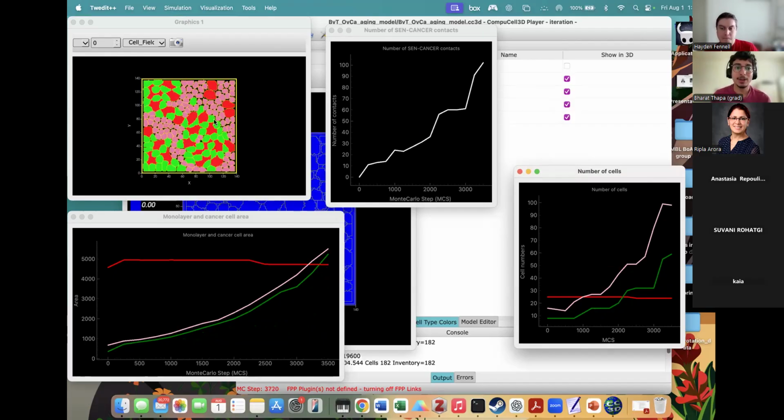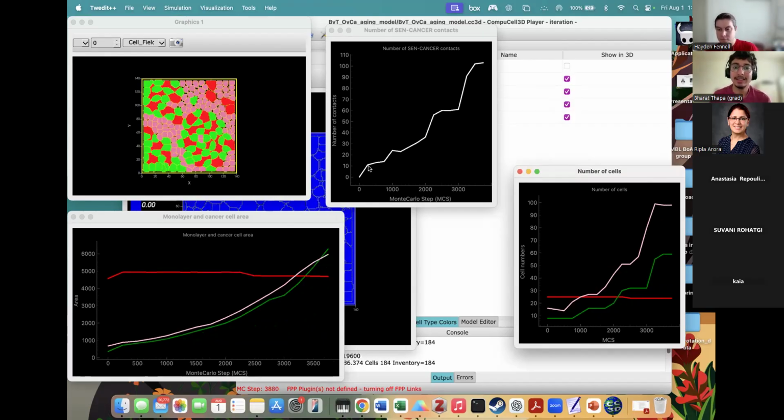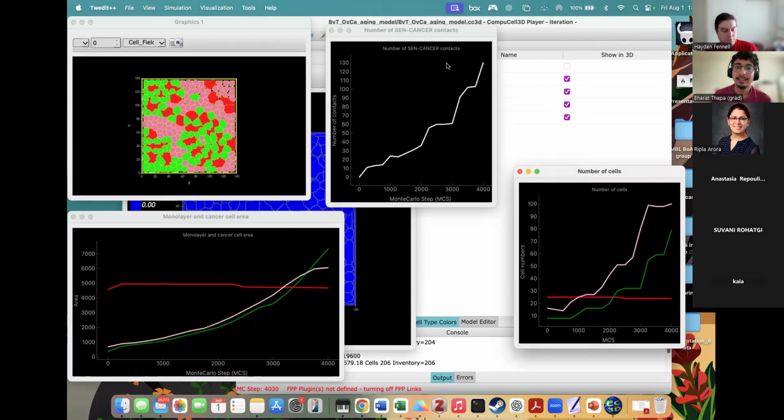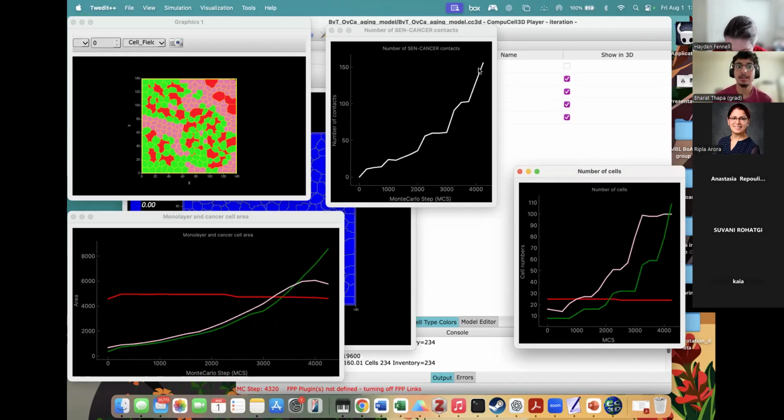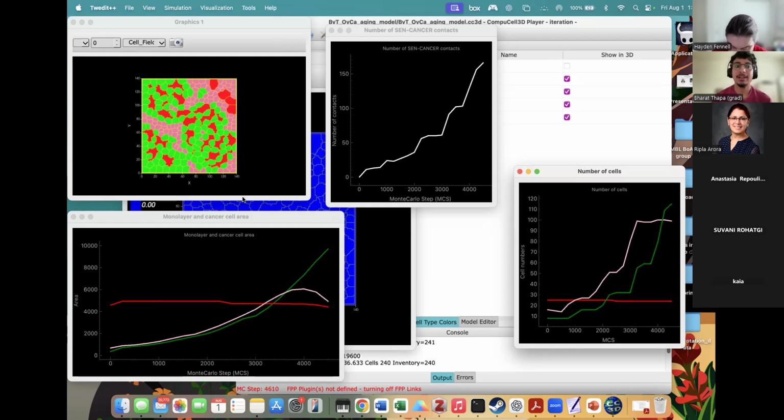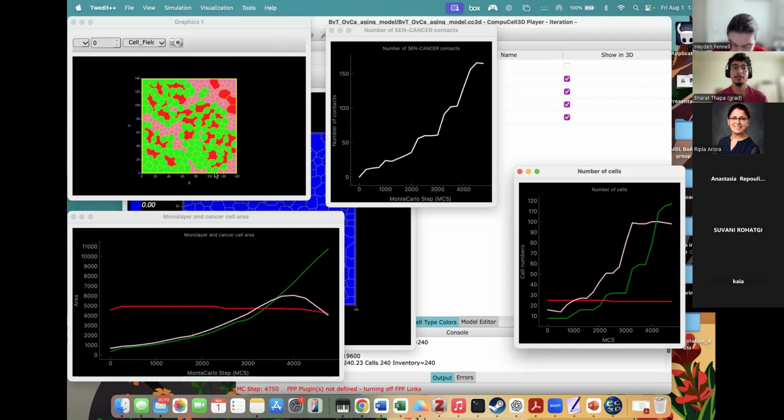And as a consequence of this, you can see that contact sites between senescent and cancer is already popping. It has crossed 100 easily. And it continues to pop, which is happening because cancer cells are dividing and more of them are there and more of them are sharing contact.